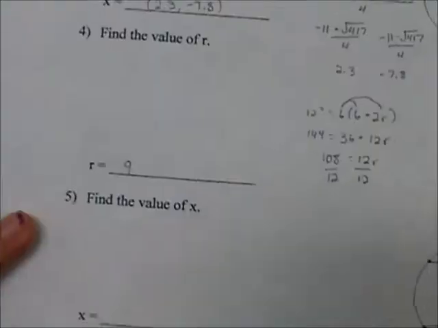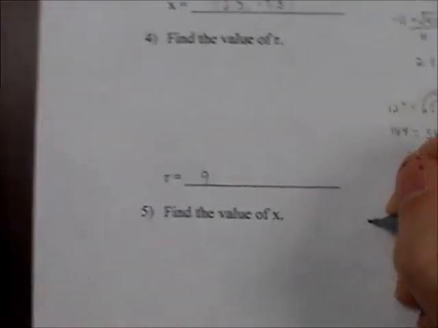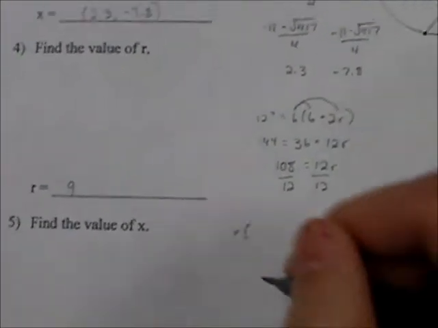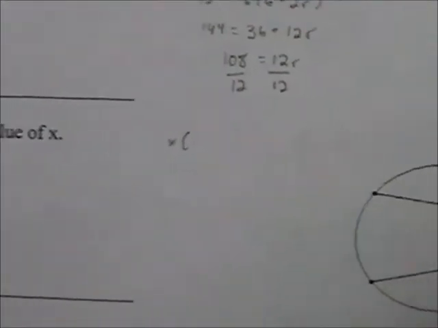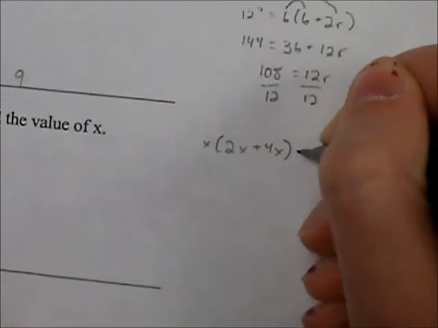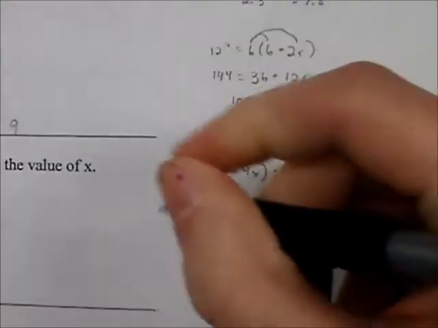So that's your answer. Number 5, we have x times (2x plus 4) equals 3 times 13. We distribute.